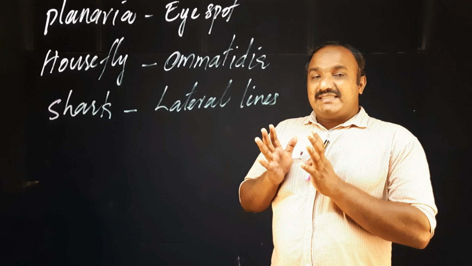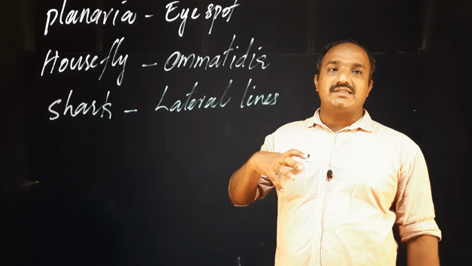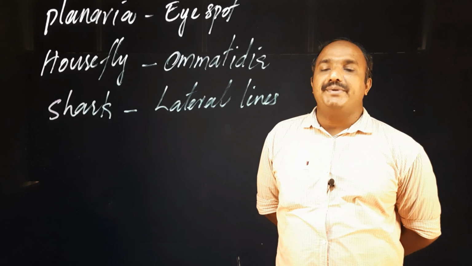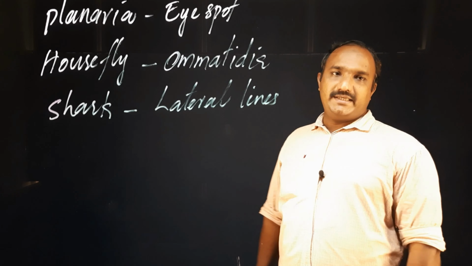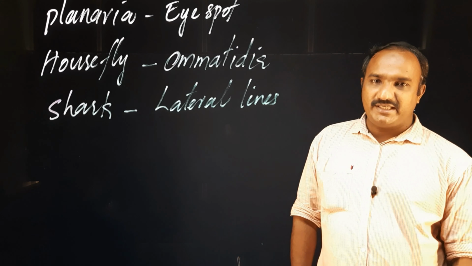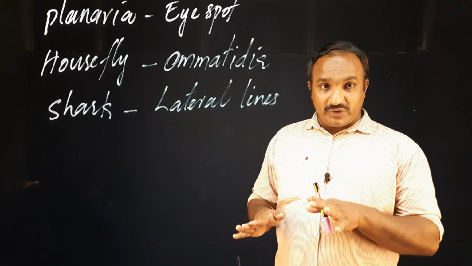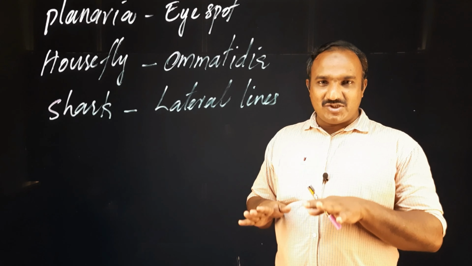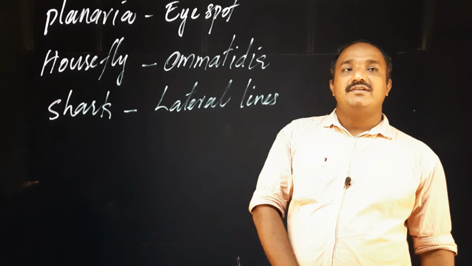Those lines, or the cells near those lines, help the shark to detect the changes in the equilibrium. You know, a shark will be standing at the lower part of the sea. There may not be any wave or tide, so that area will be calm. Then, shark is the cruel animal in the sea or oceans. That's why when any organism moves through the water, there will be a change in the balance or equilibrium. That can be detected by the lateral lines.